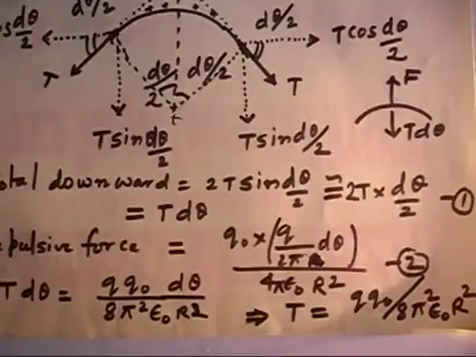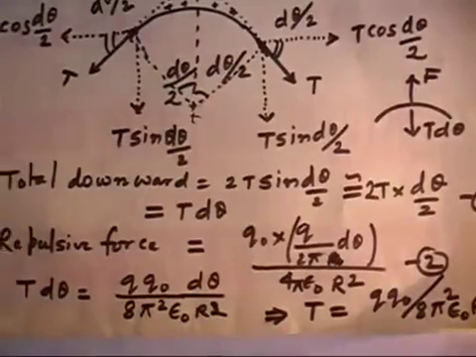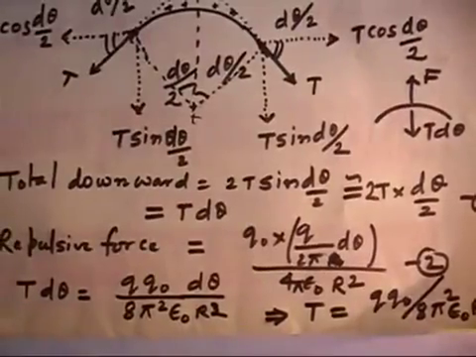The same kind of question we will do again sometime later. In that case also, you have to take the elemental d theta part and analyze the forces acting on it. So small d theta, what are the forces acting there? This is all about this problem. We will discuss the next problem.